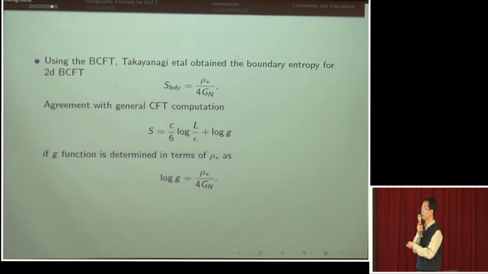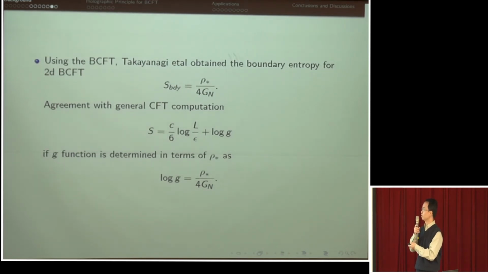The physical picture is that your system is defined on L, and that's an extensive quantity, so your entropy scales with L in this way in 2 dimensions. In higher dimensions it's extensive, so it should be L to some power. But in 2 dimensions it turns out to be this.